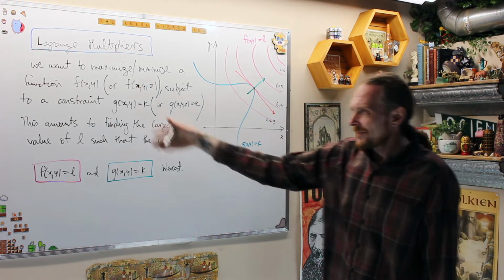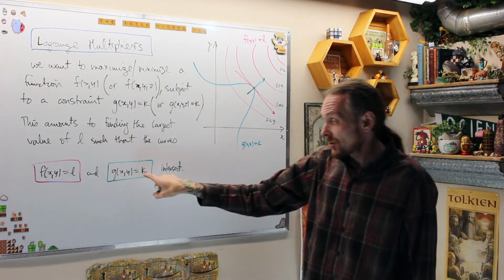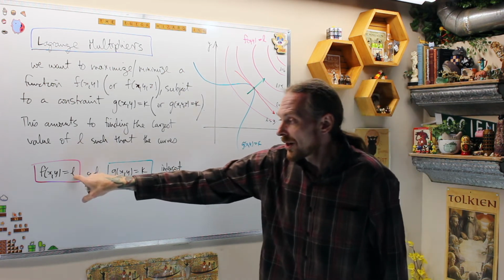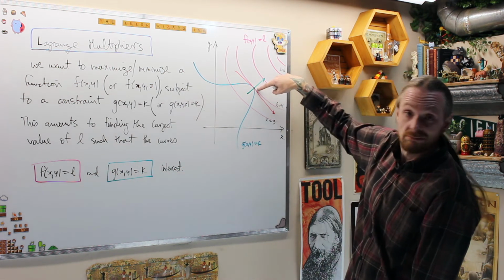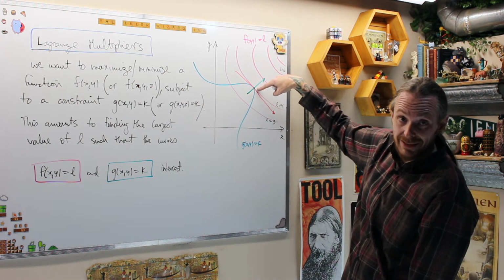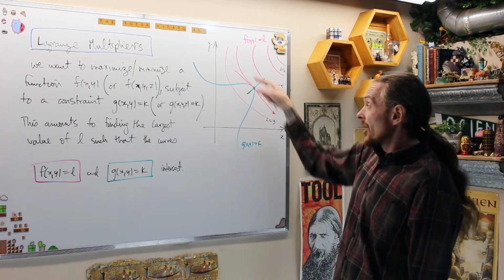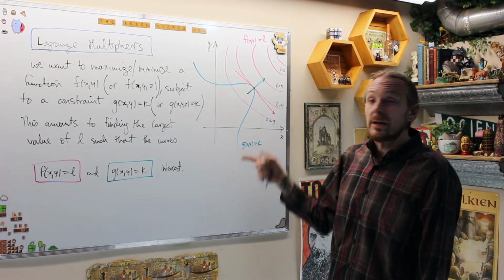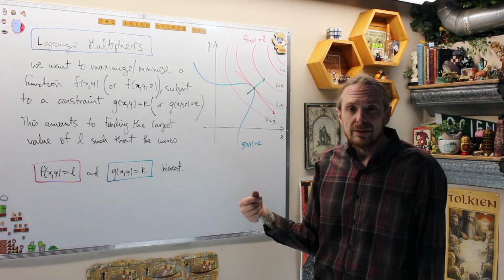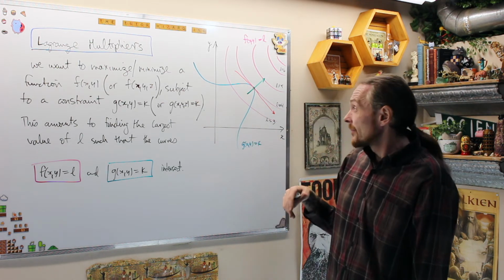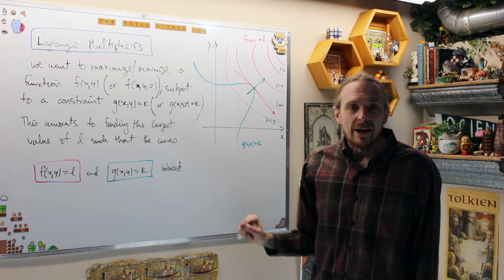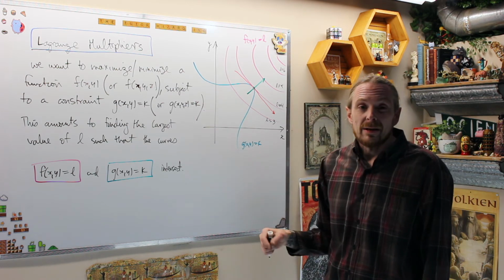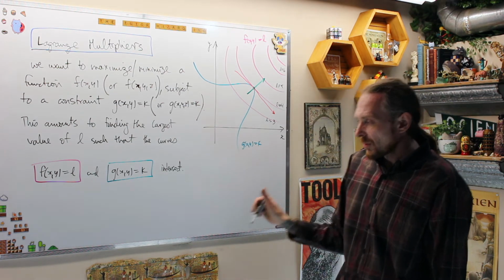From this derivation, trying to maximize this function with this constraint, we're essentially looking for the largest L that this happens, that they intersect just touching. Because of that, their tangent lines and therefore their normal lines are equal to each other, planes in the higher dimension. Because of that, their gradients are parallel, and therefore they're scalar multiples of each other.